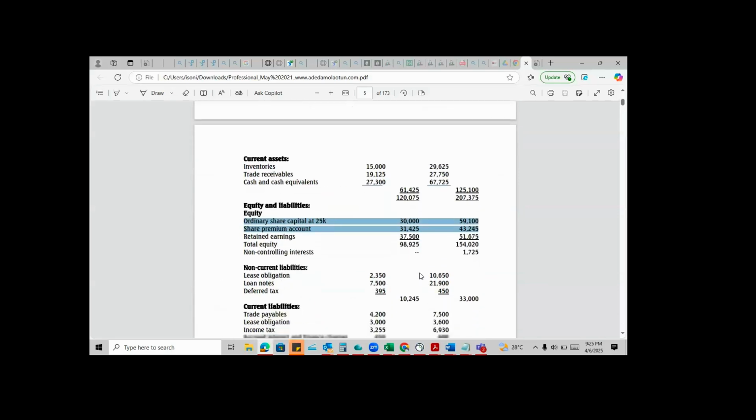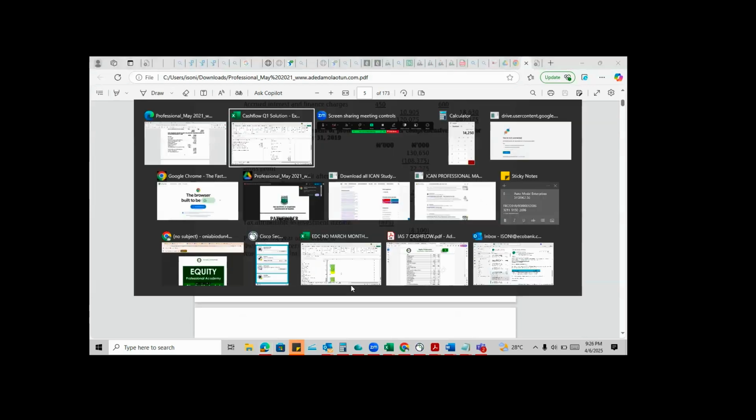Also, we have non-current liabilities that we have not dealt with. We have dealt with lease obligation. It formed part of the PPE. We have not dealt with the loan notes. We're going to deal with the loan notes now. We're going to deal with NCI as well. I think NCI of the lot is the easiest.